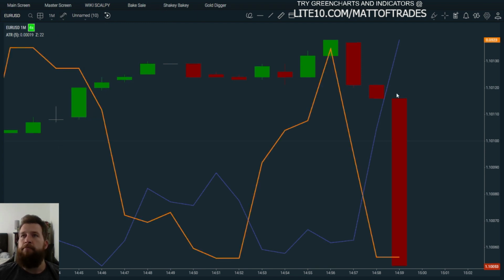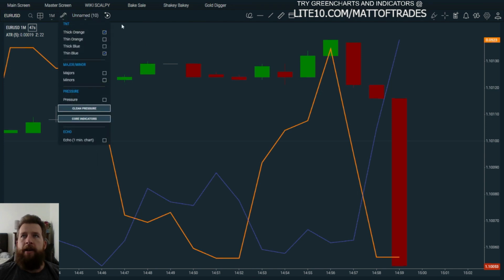When you have both of these crossing each other at similar angles in the opposite direction, that's showing some good strength, or some good indications that the price is going to be making some movements. So something to keep an eye out for.